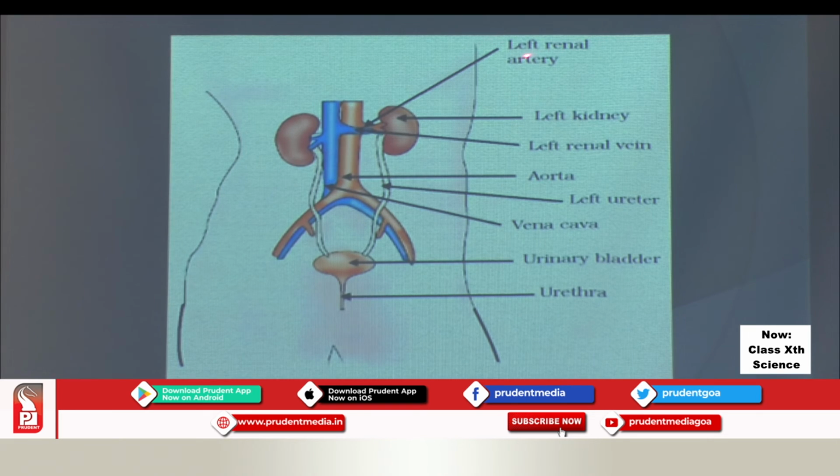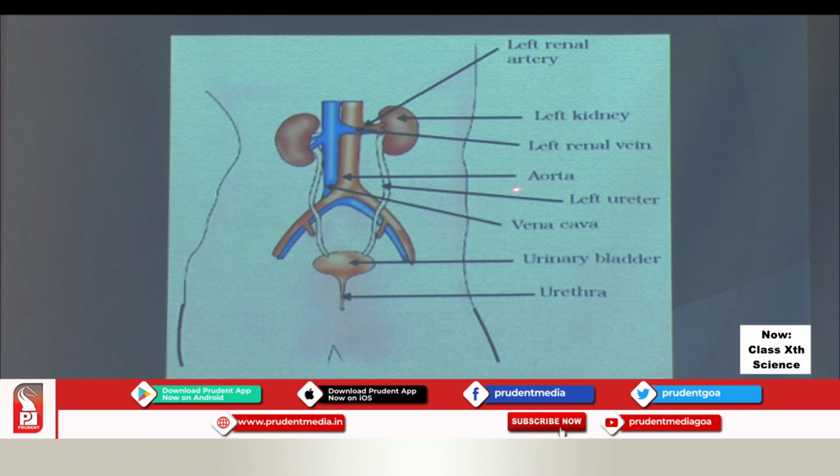So left renal artery will carry blood which consists of urea that enters this kidney, and kidney removes urea or nitrogenous waste from the blood. Left renal vein will carry the filtered blood into the vena cava, as we can see here. Vena cava is the name of the vein.